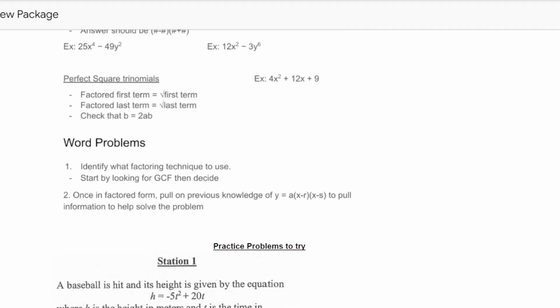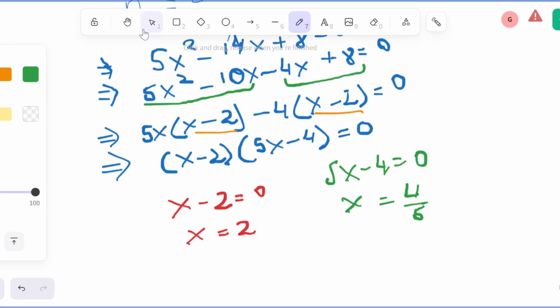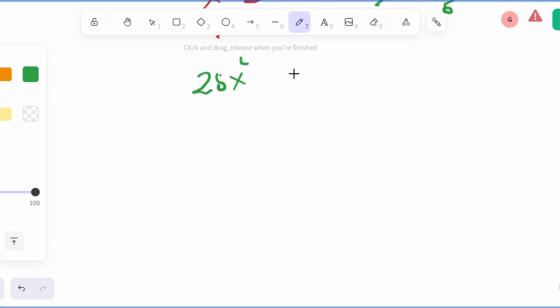We have here 25x raised to power 4 minus 49y square. You have to factorize this. So very important, we should know some of the identities, Nathan.